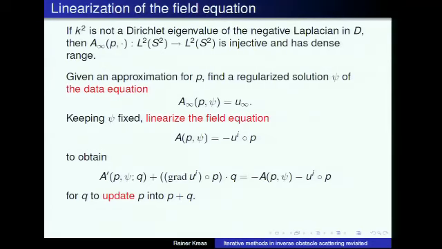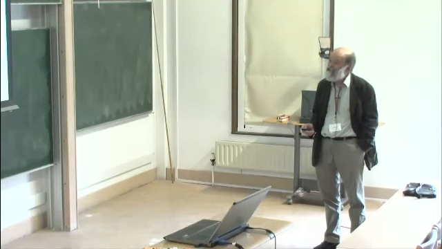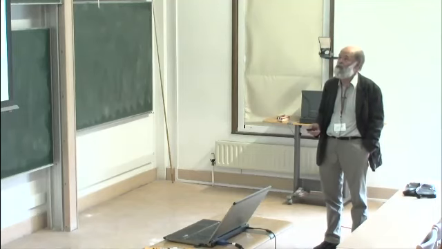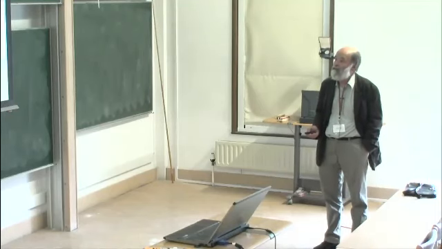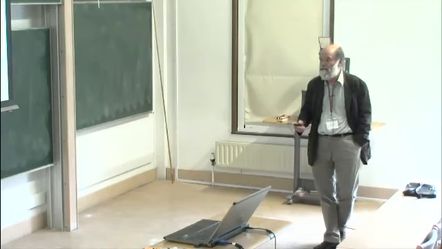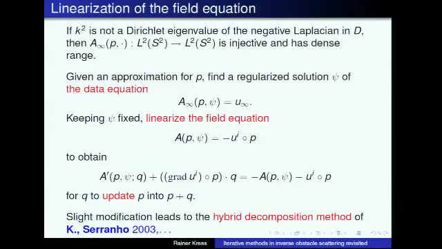We linearize it and update it. And this has not been implemented in the literature, but it is related to a method which I've developed with another student of mine, which is a hybrid decomposition method. And it basically approximates the differentiations involved in a different way.